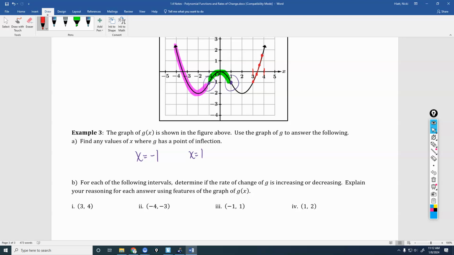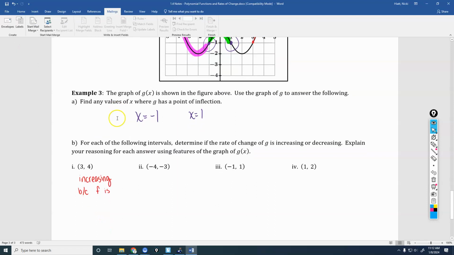Bigger, right? So this would be your rate of change is increasing on this interval. And the reason we could say for this is because F is concave up. Because if our rate of change is increasing, our graph will be concave up.